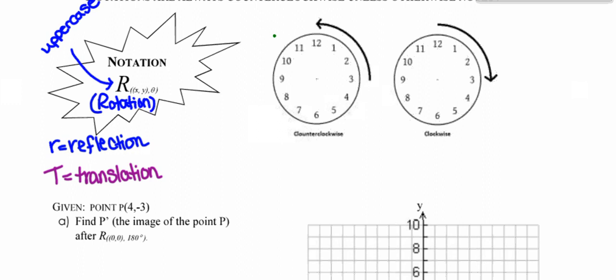The other thing that we need to take into consideration is the number of degrees that we will turn the shape. So when we describe a rotation, we're always going to name the center, and again, that's the fixed point about which everyone else will spin, and the number of degrees. And that tells you how far you're going to turn it.